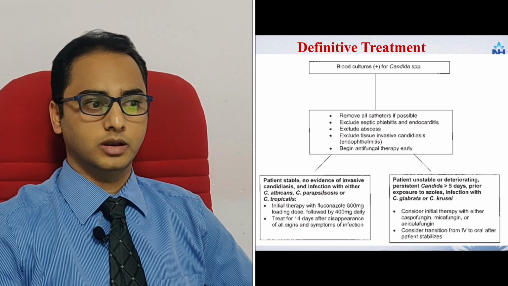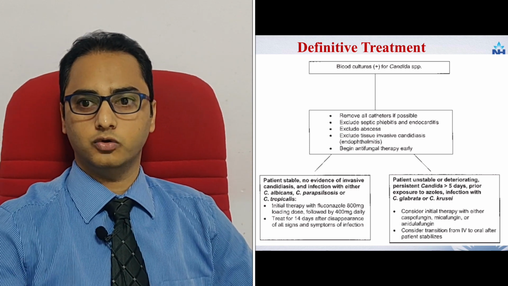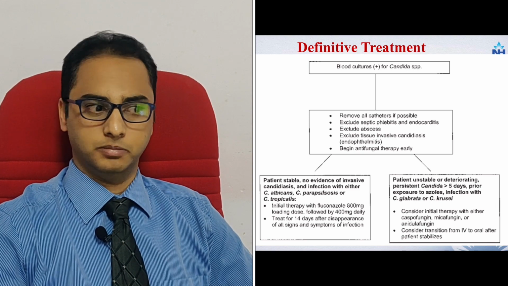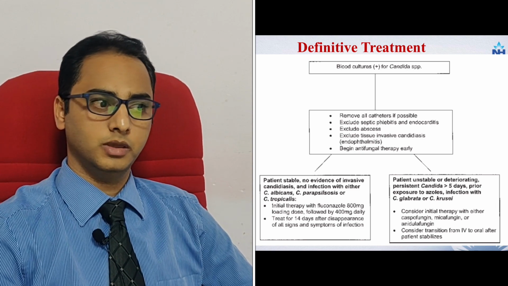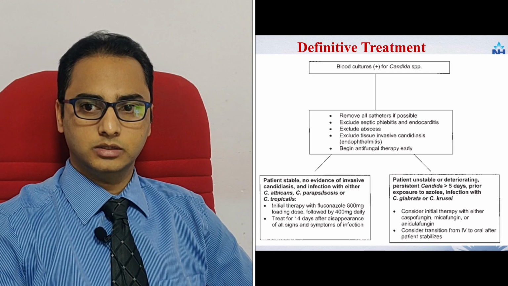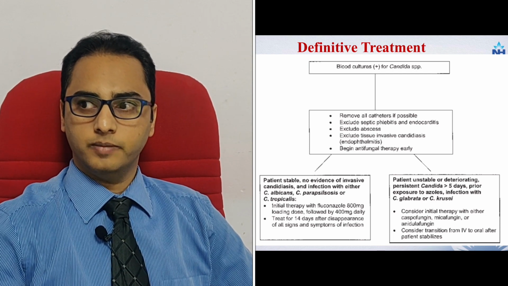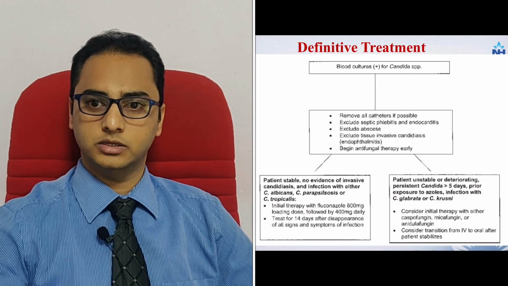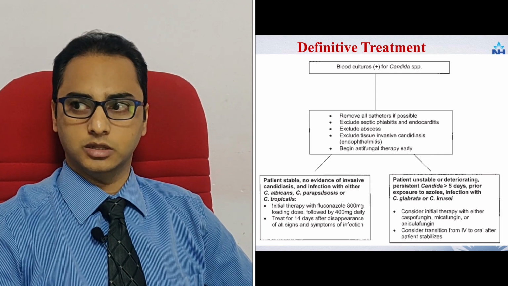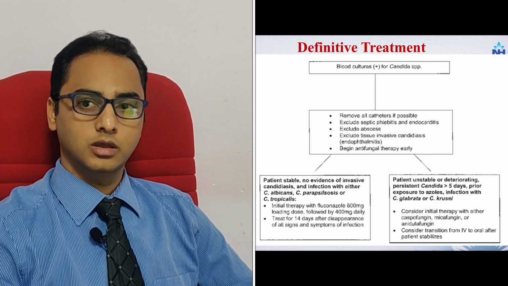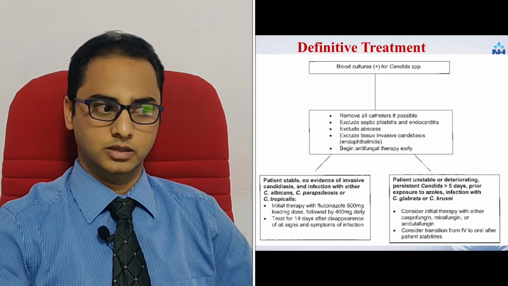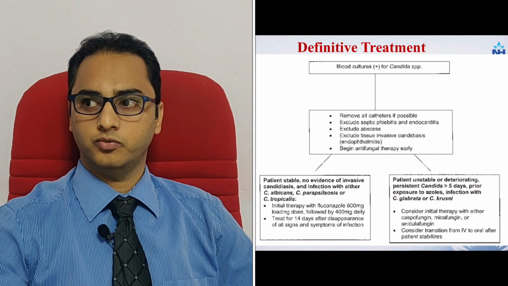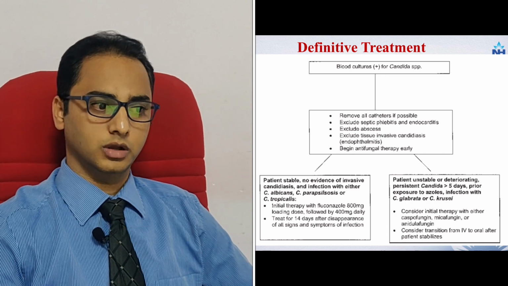Okay, I told you there are some risk factors you have to consider for definitive, empirical and preemptive therapy. When it comes to definitive therapy, when we have a blood culture showing Candida in our hand, or you got some information from your microbiologist that the patient is growing yeast in the blood, the first thing you have to do is remove all invasive lines. Okay, do a workup for some sort of septic thrombophlebitis or infective endocarditis.